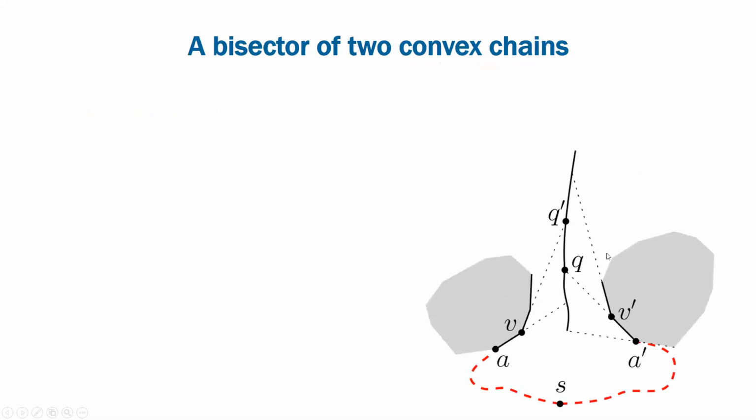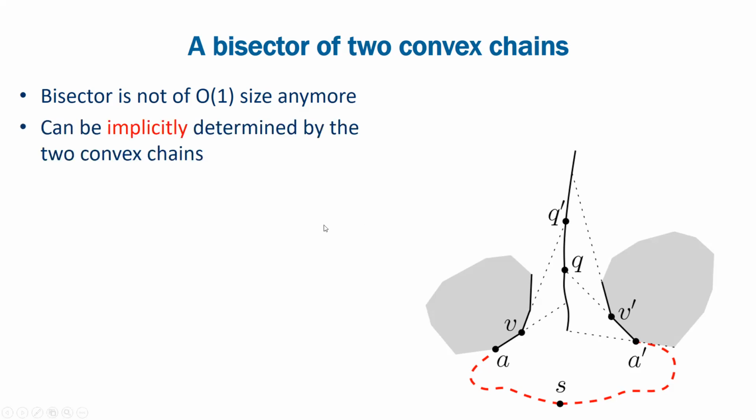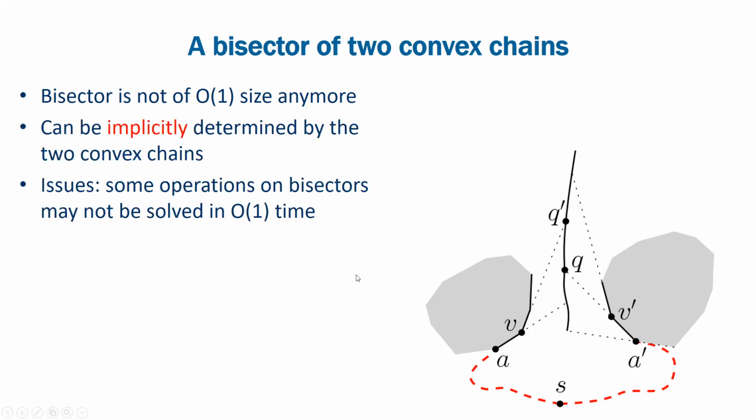Also, because the generators are convex chains, the bisector of 2 generators may not be of constant size as well. Like this one, those are 2 convex chains and this one is the bisector. It has 1, 2, 3, 4, 5 pieces. Each piece is of constant size, but the total bisector may not be. Because the bisector is not constant size anymore, some operations on bisectors may not be solved in constant time as before.